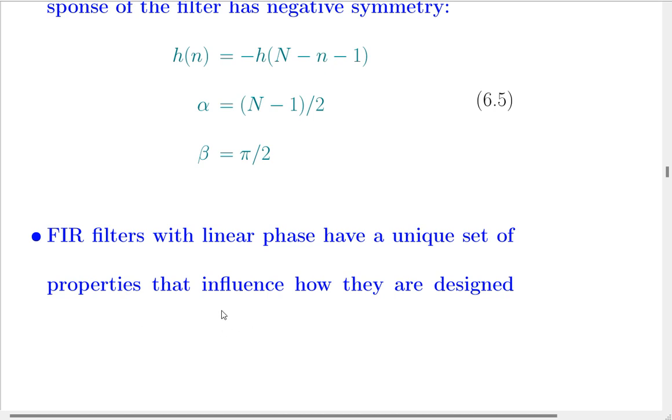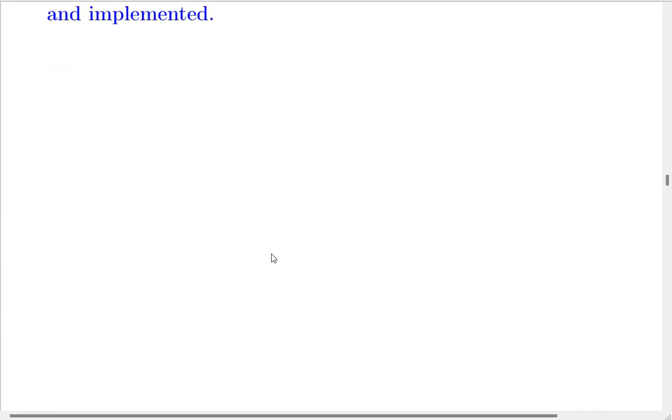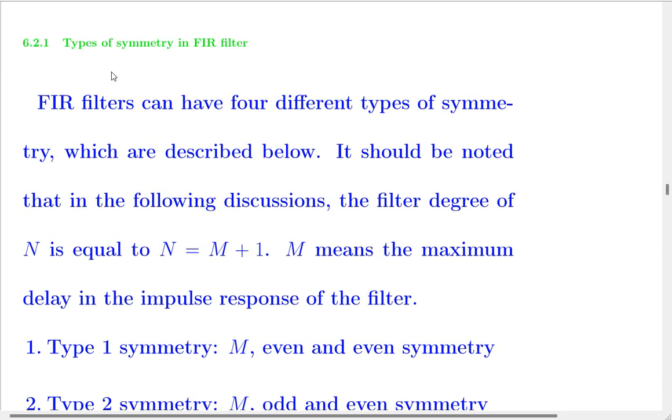FIR filters with linear phase have a unique set of properties that influence how they are designed and implemented. Now, the next topic, types of symmetry in FIR filters. FIR filters can have 4 different types of symmetry, which are discussed and described below.